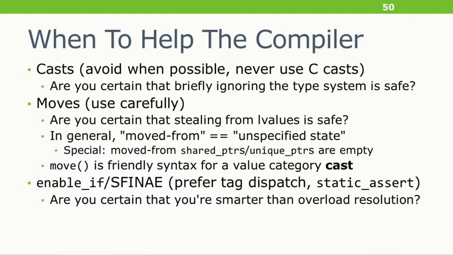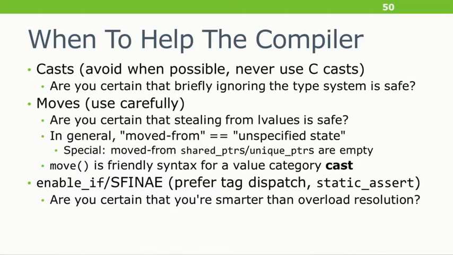And finally, and this is sort of a new thing for advanced programmers, they gain the power of enable_if, and they just want to use it everywhere. But this is an extremely powerful and dangerous tool. You should really avoid this unless absolutely necessary, because when you say enable_if, you're saying, hey, overload resolution, clause 13 of the standard, I'm smarter than you. I know which overload should be selected, and oftentimes that may not be the case.